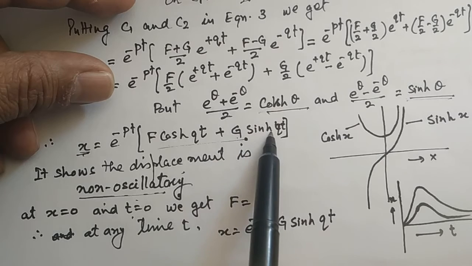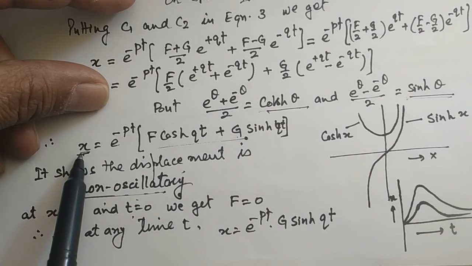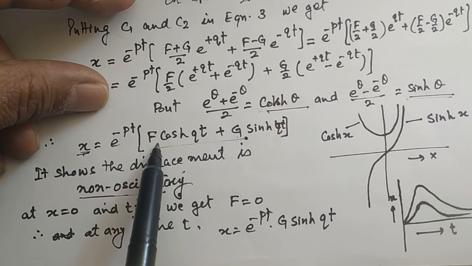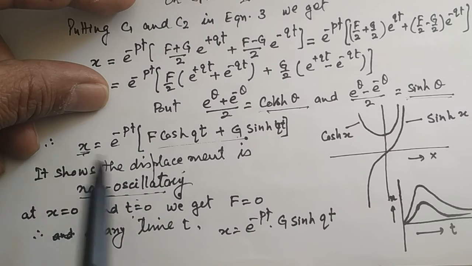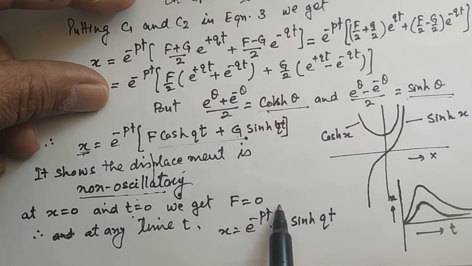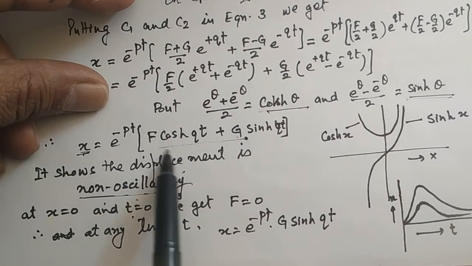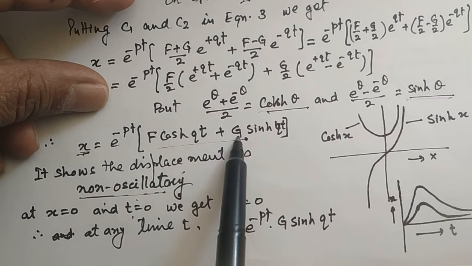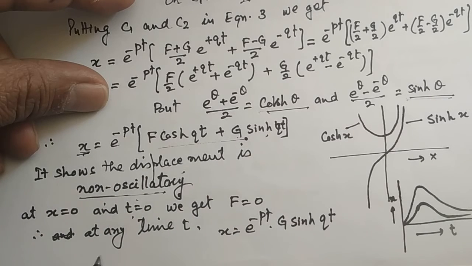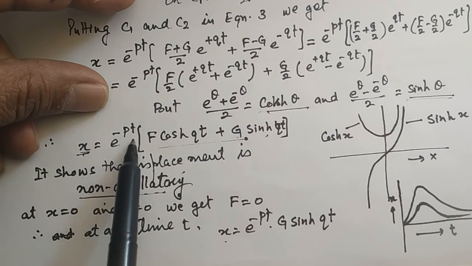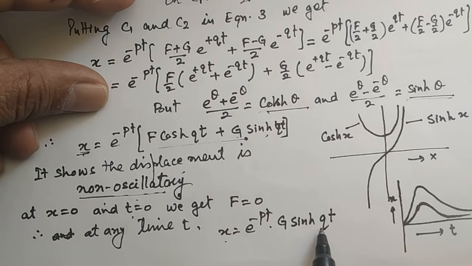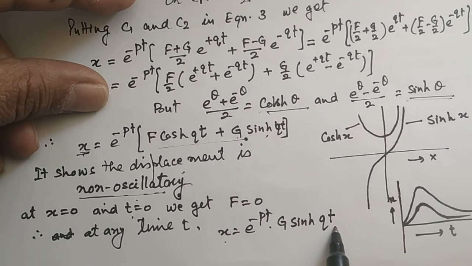So this term is 0, this term is also 0, this is 1, so we get only f equal to 0. And if f is 0, we are left with only this term. Therefore we can write x = e^(-pt) g sinh qt.